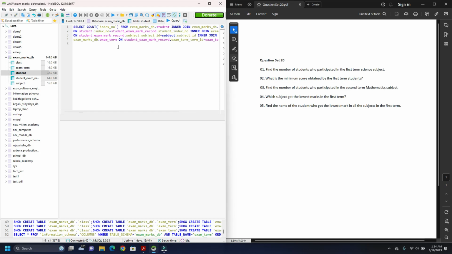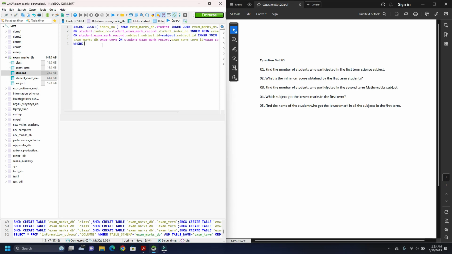And let's write the condition. So we start it from where, and then it says to count the students who participate in the first term science subject.